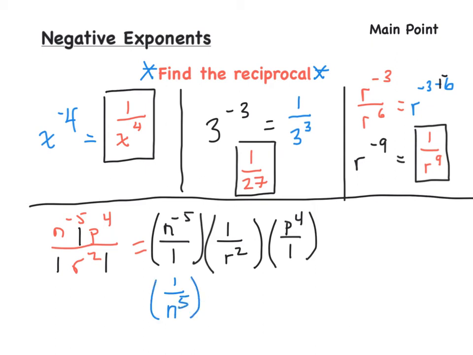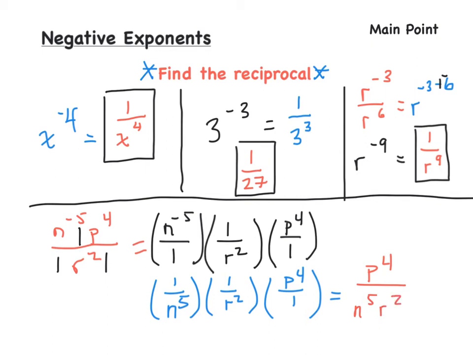If we do that, now every power is positive, so we can multiply straight across. 1 times 1 times p to the fourth is equal to p to the fourth, all over n to the fifth times r to the second times 1, which is n to the fifth r to the second. And this would be our final answer.